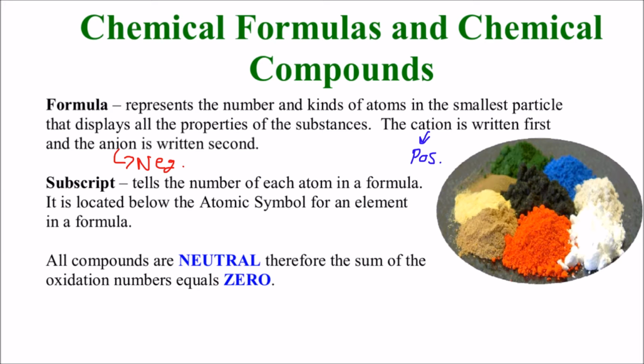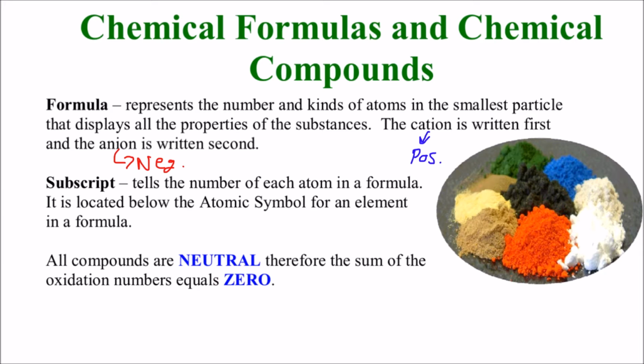So what a subscript does is tells us the number of each atom in a formula, and it's going to be located below the atomic symbol for that element. Okay? All compounds are neutral, and so the sum of their oxidation numbers must be 0. Remember, oxidation numbers are the charges that we get when an element is ionized or becomes an ion.